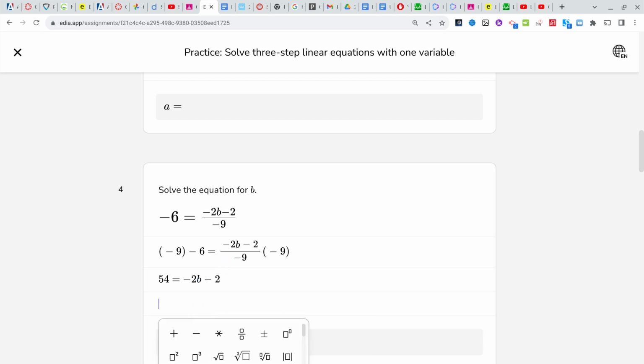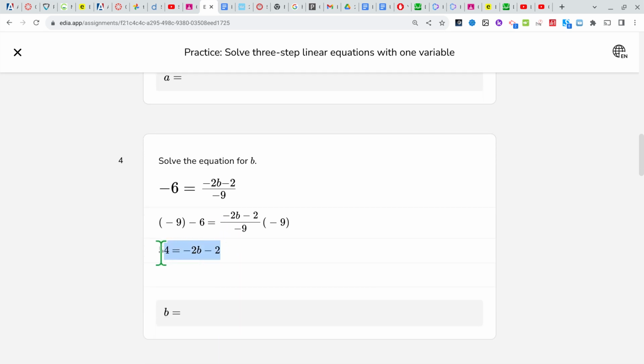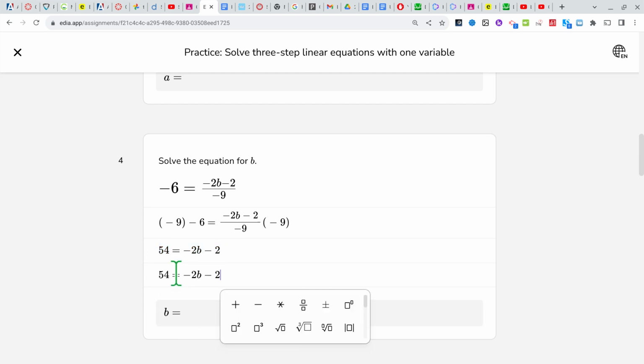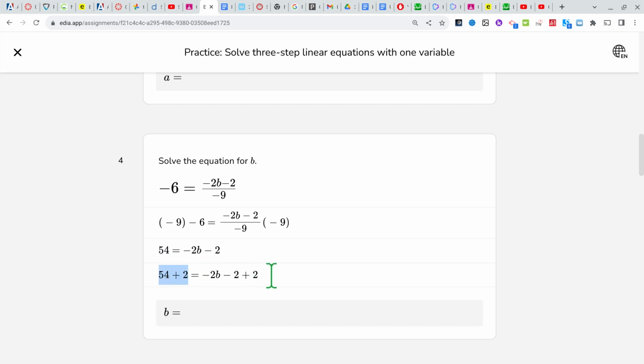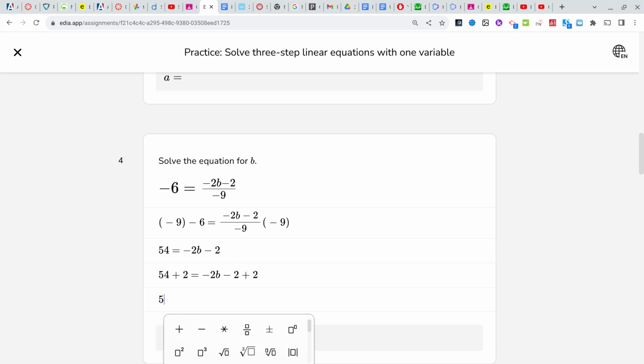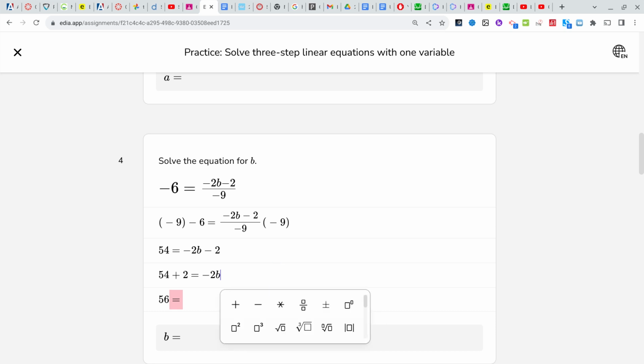All right, next we can add 2 to both sides. So I'm going to put plus 2 and then plus 2 here. I did copy and paste. So this turns into 56, because you add those together, and these turn into 0.